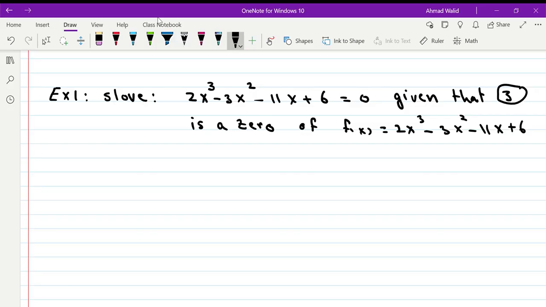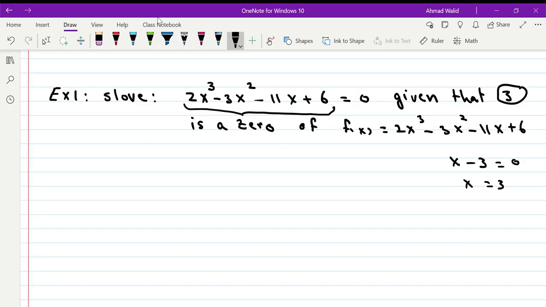It means x minus 3 is a factor, because if you make x minus 3 equal 0, it gives you x equals 3, which is one of the zeros, one of the x-intercepts. Then it's really easy.